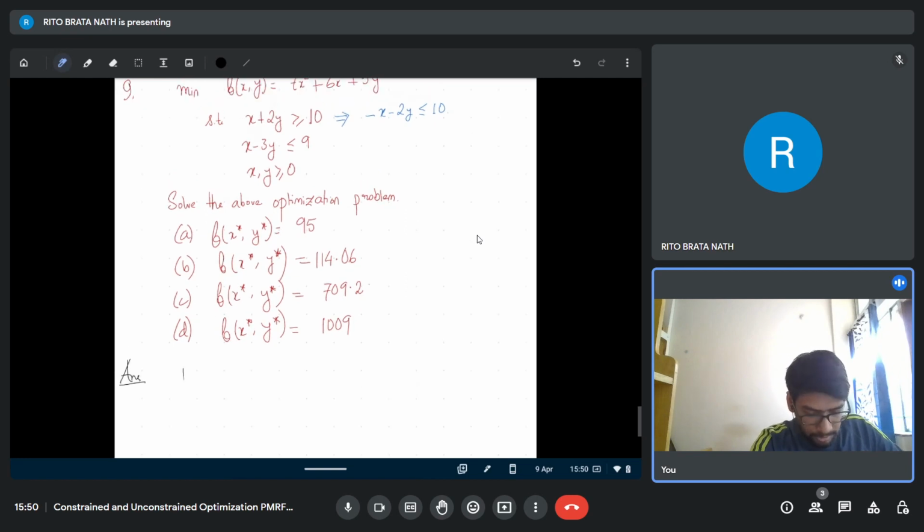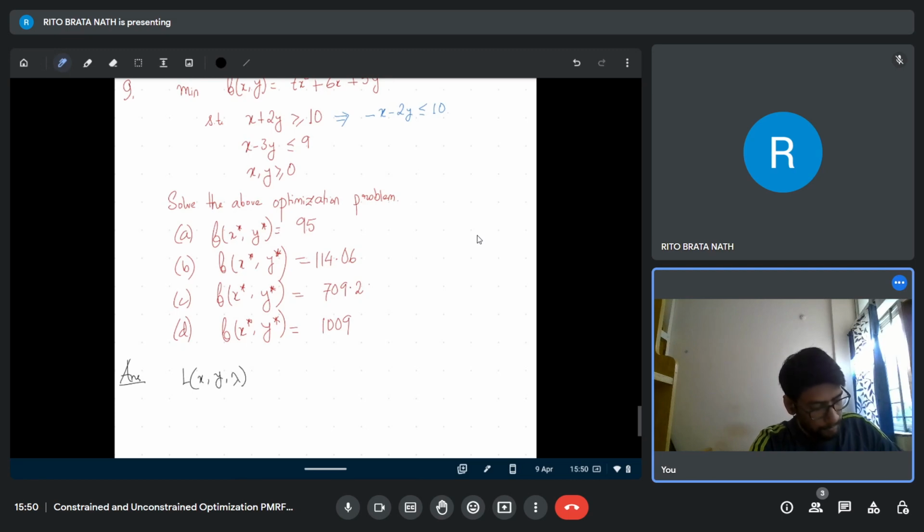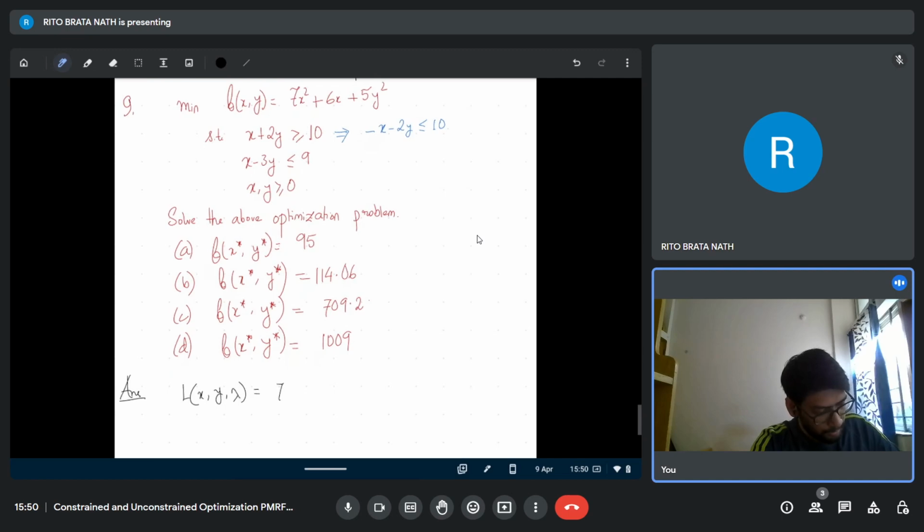I'll write down this Lagrange function, which is a function of x, y, and lambda. So this is a minimization problem. So it's 7x squared plus 6x plus 5y squared. Then you have those multipliers coming in.